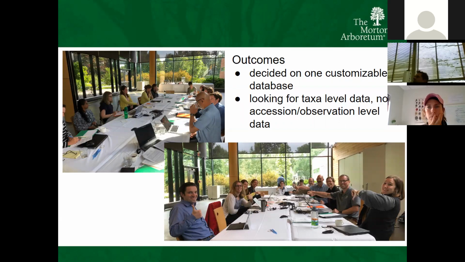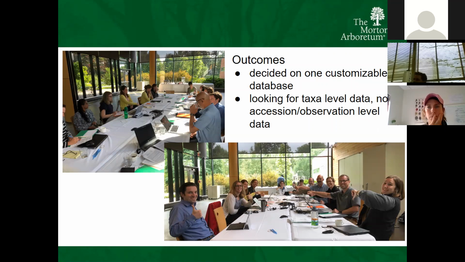Additionally, we decided that we weren't looking for accession level information either. That was largely because we have many different accessions of perhaps the same species or the same taxon. What we're aiming for here is the garden's summative information that represents their full experience with the taxa at hand.